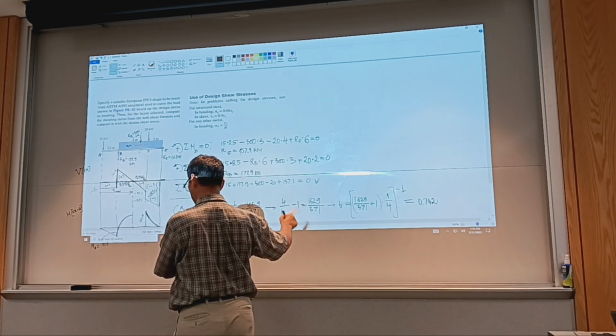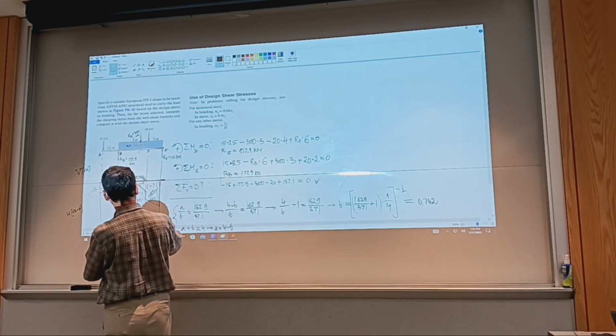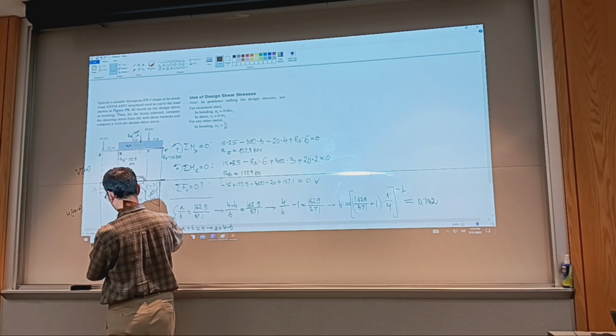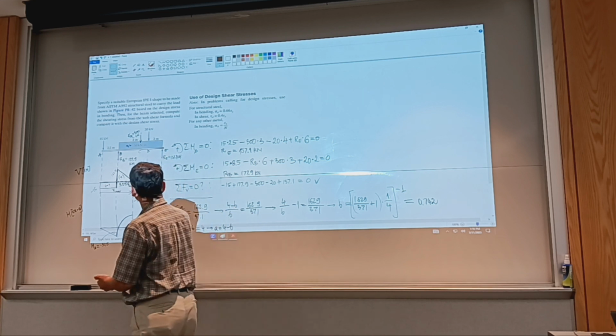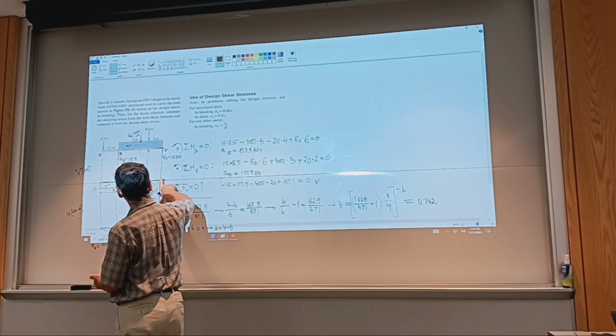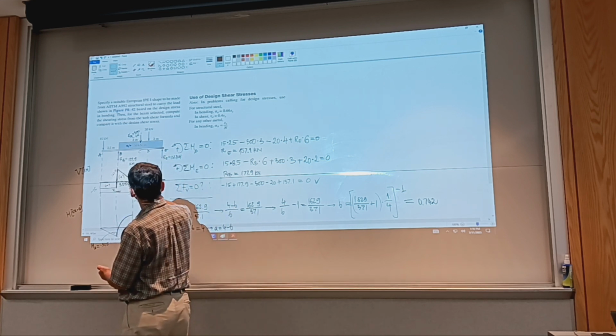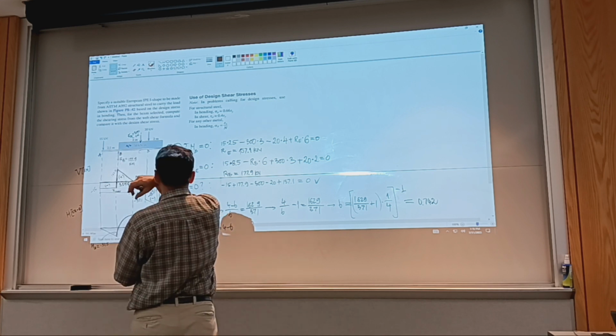Is this correct? I cannot close this diagram with this value, and it comes from above. There has to be a bigger value, or this one has to be a smaller value. Let's reevaluate this. I said it will be this guy plus this guy times 2. So let me try again.